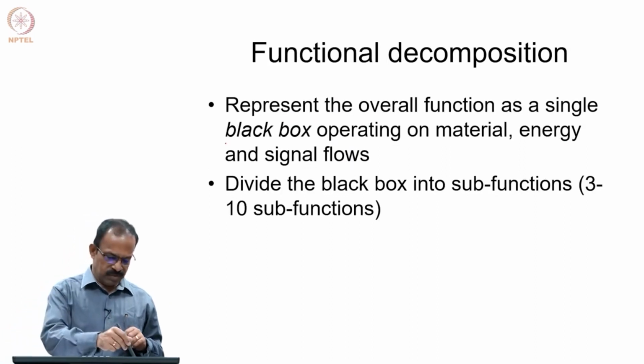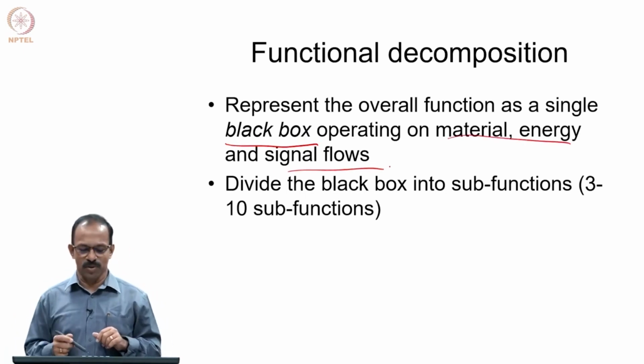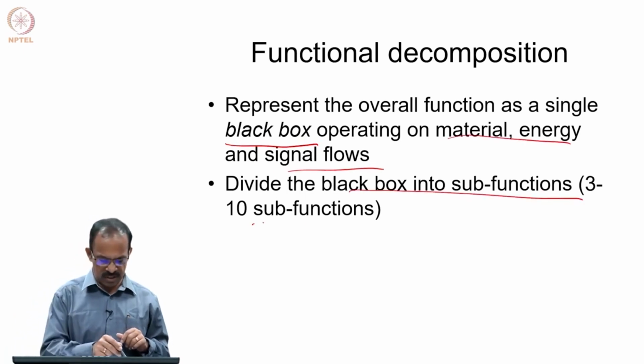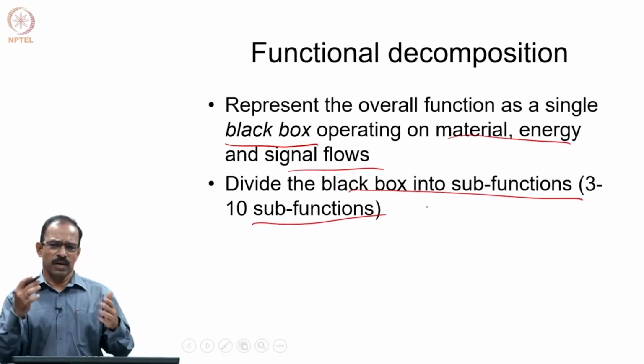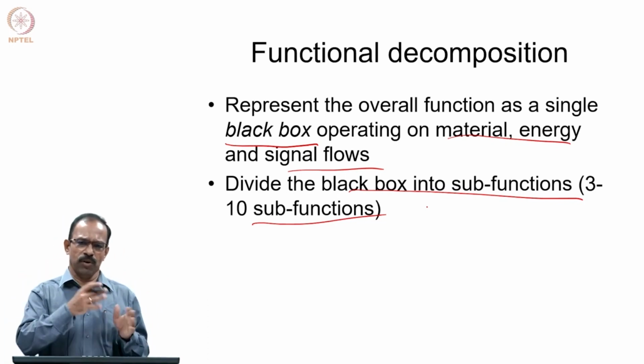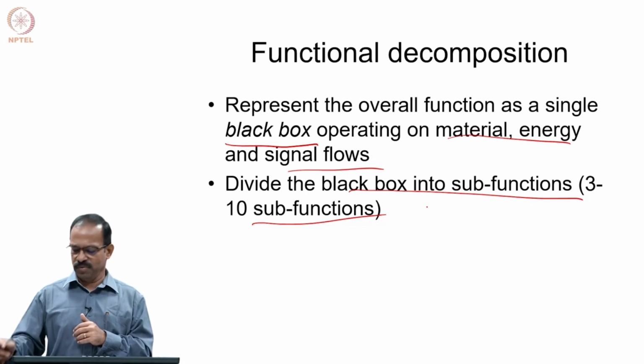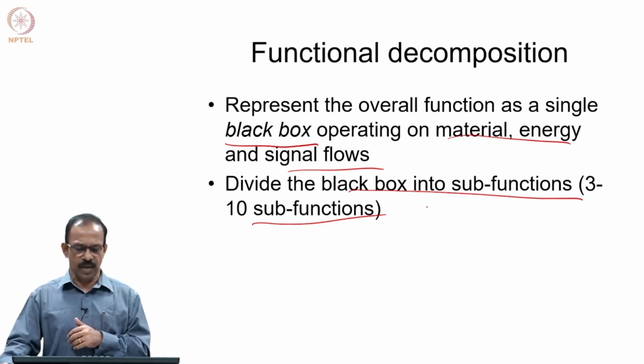Make it a black box, and then based on the material, energy and signal flows, we will divide the black box into sub functions. You can have multiple steps in this, depending on the complexity of the problem. You may have 3 or 4 steps or more in the decomposition. That is functional decomposition.